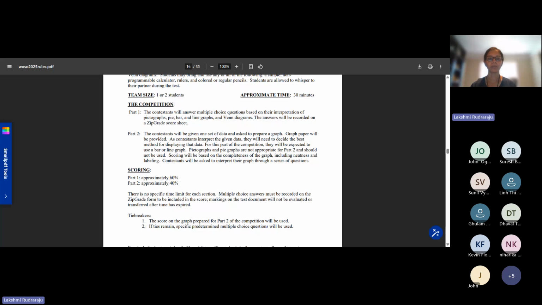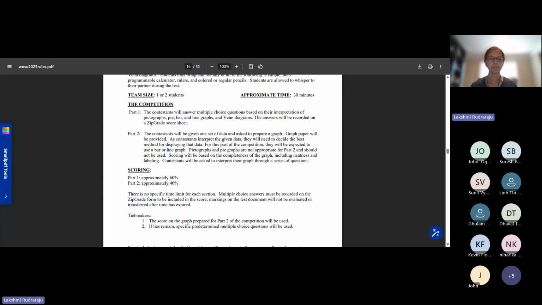From the scoring point of view, part 1 is 60% and part 2 is 40%. With regards to part 2, they can do a line graph or a bar graph, a double line graph or a double bar graph. They should not be coming up with pictographs or pie graphs. Usually the problems are suitable for line and bar graphs.